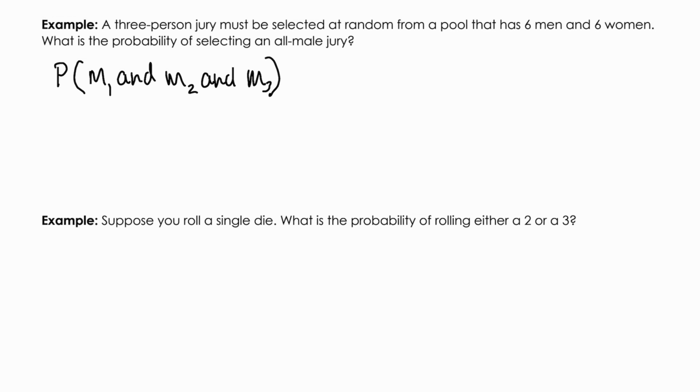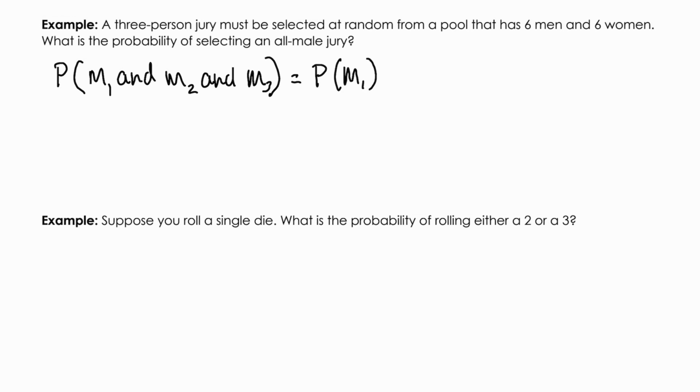Now, are these events independent? This is an and statement, so we have to determine, is it dependent or independent? If I have 6 men and 6 women in a room, and I pick one, and then I go to pick another out of that room, the probability has now changed. If I pick a man the first time, then the chances of picking a man has changed again, because now it's out of 11 people rather than out of 12.